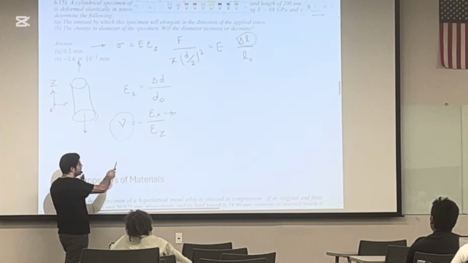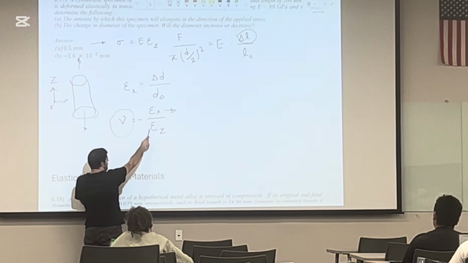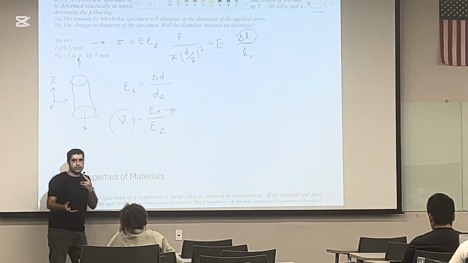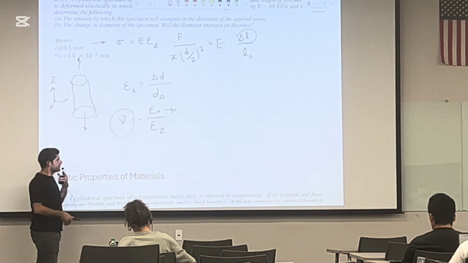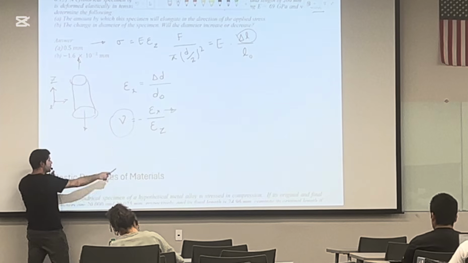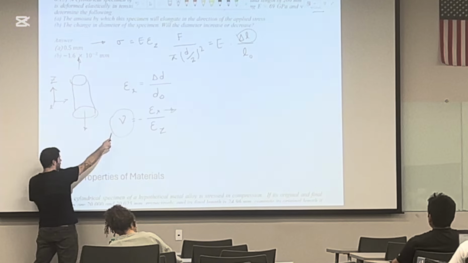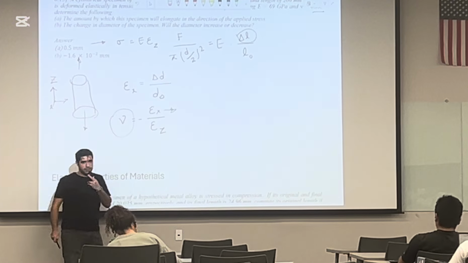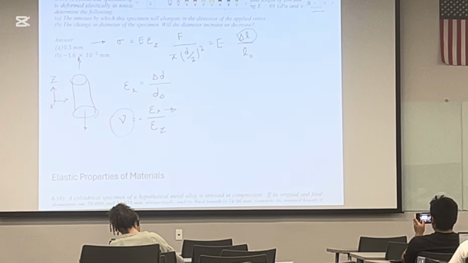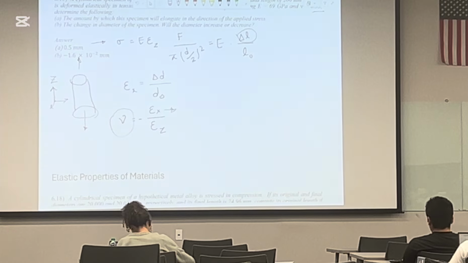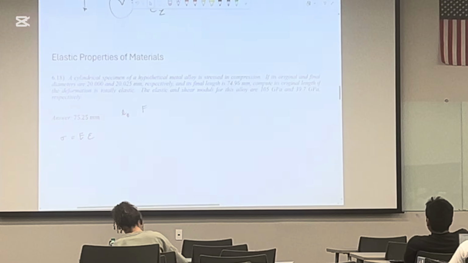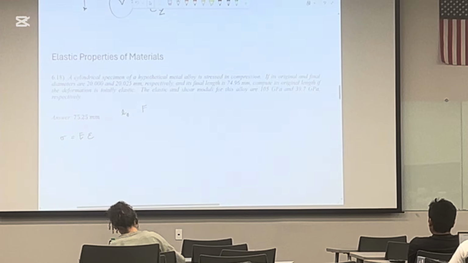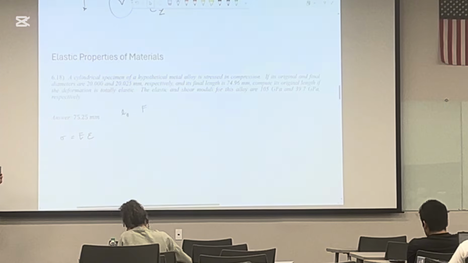In that question, we had epsilon z, the regular strain in the length direction, and the Poisson's ratio, and we were interested in finding epsilon x. So it's the opposite situation. Here we have the final and initial diameters, meaning we can find that epsilon x.